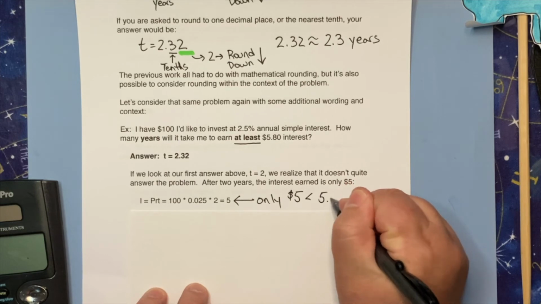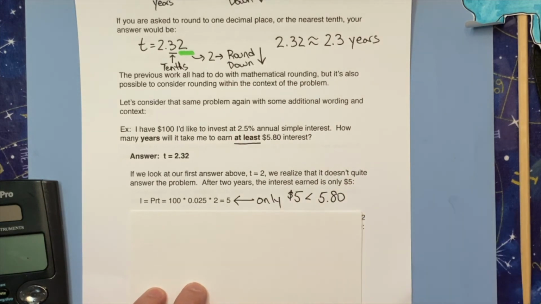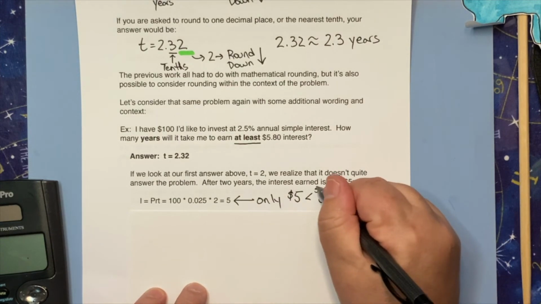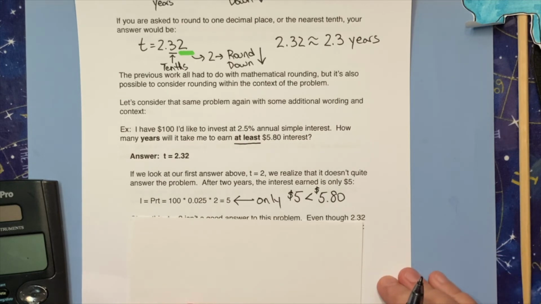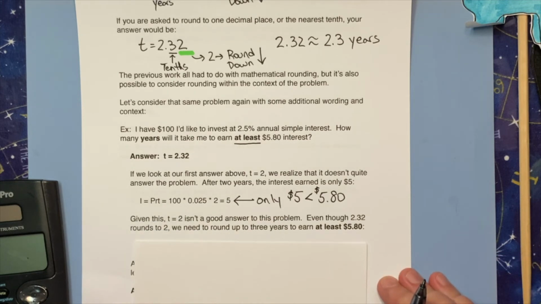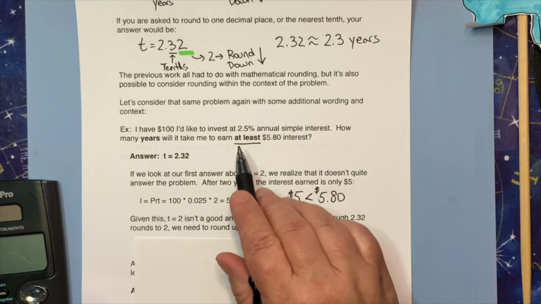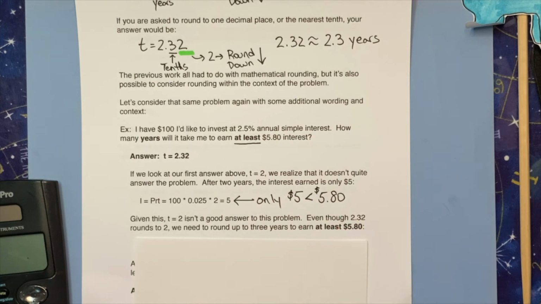Which is a lot less than $5.80, right? So $5 is less than $5.80. So given this, t equals 2 isn't a good answer to this problem with those words.